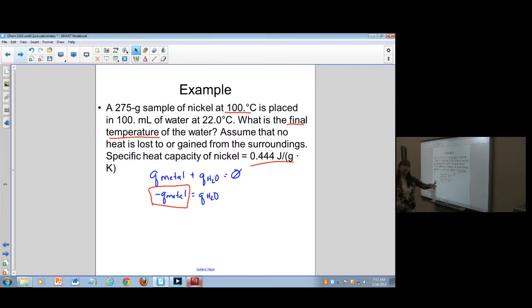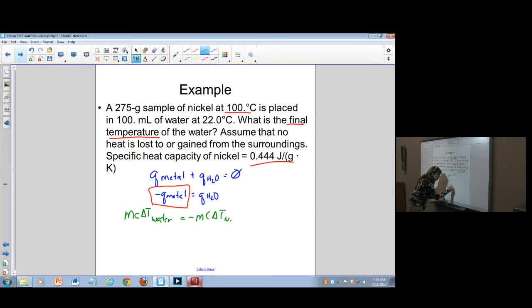The negative value gives me, in the end, a positive value, but let me show you that. So we're going to take this lovely formula where we're going to do MC delta T for the water, and that's going to be equal to negative MC delta T for the nickel.